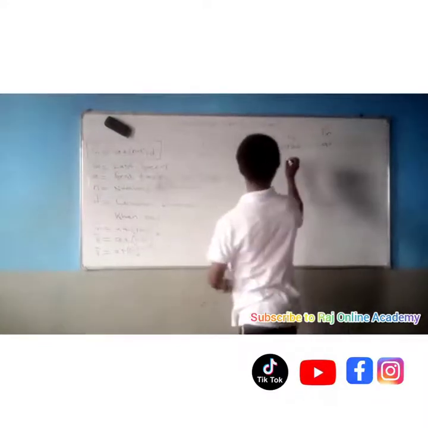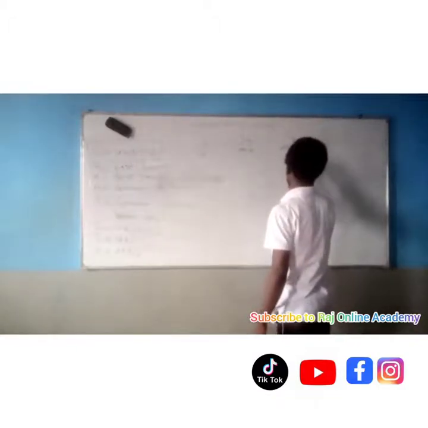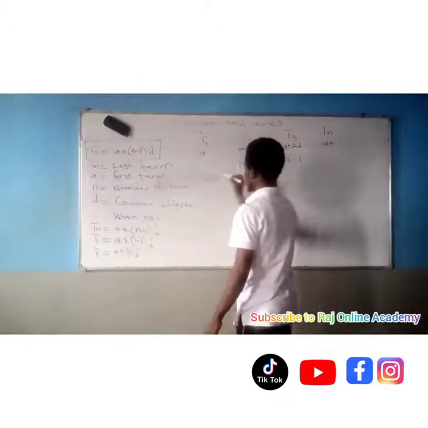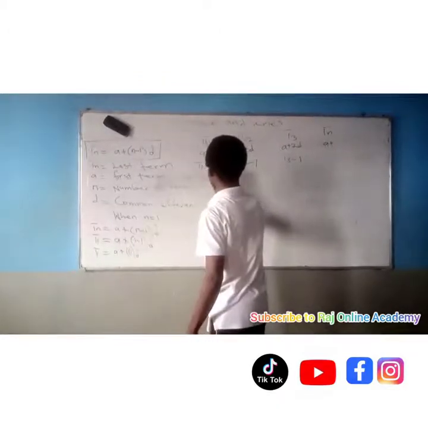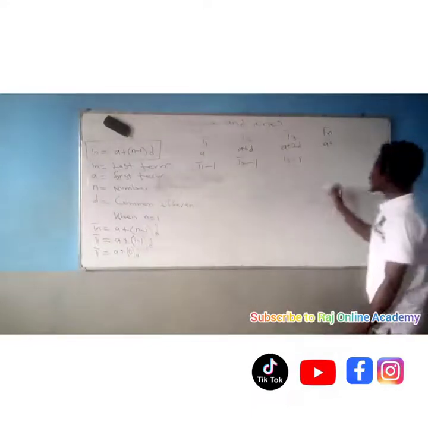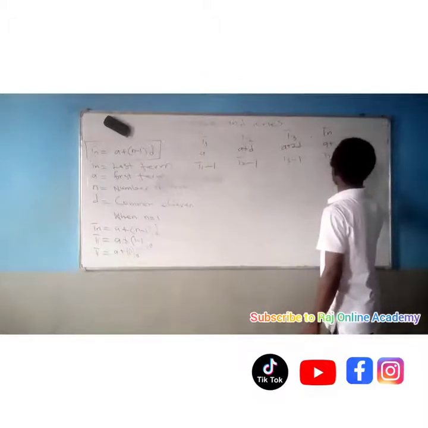Just like this T3 minus 1, here we have T2 minus 1, here T1 minus 1. Now here also dot, dot, dot, we have Tn.